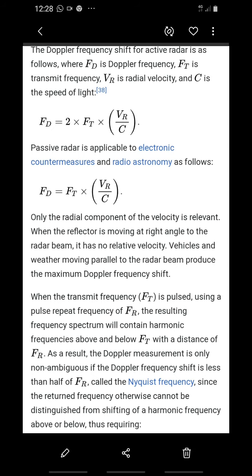The Doppler frequency shift for active radar is as follows, where FD is Doppler frequency, FT is transmit frequency, VR is radial velocity, and C is the speed of light.